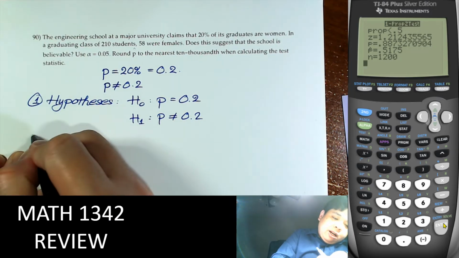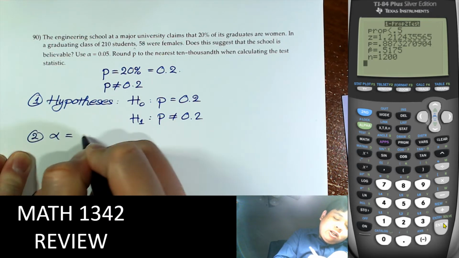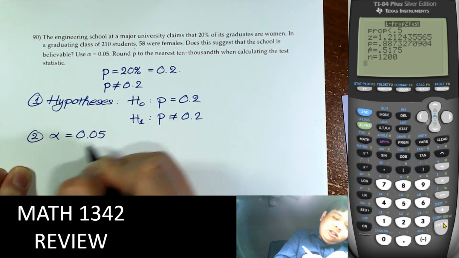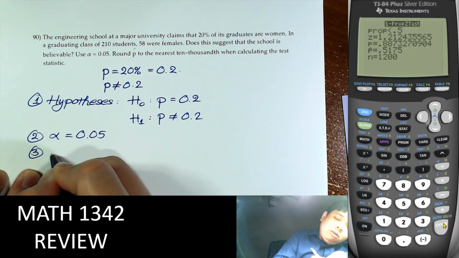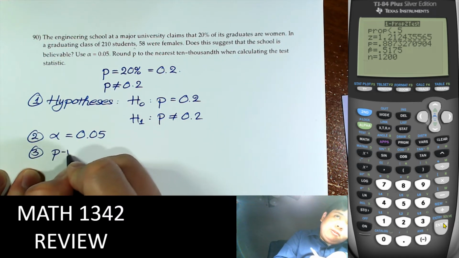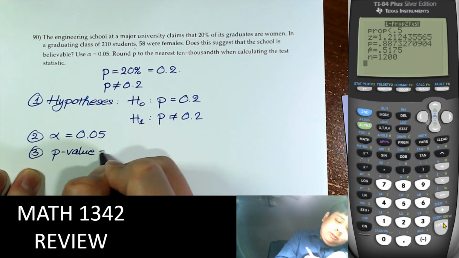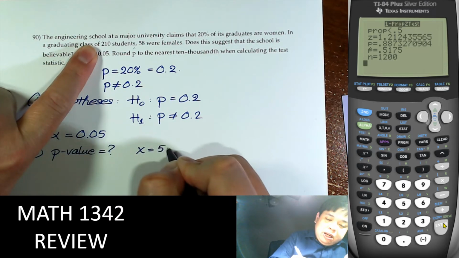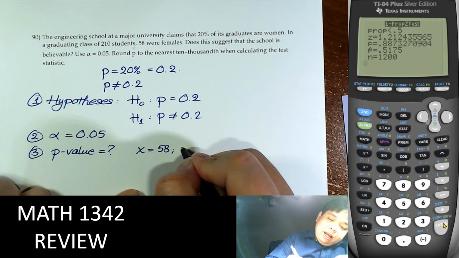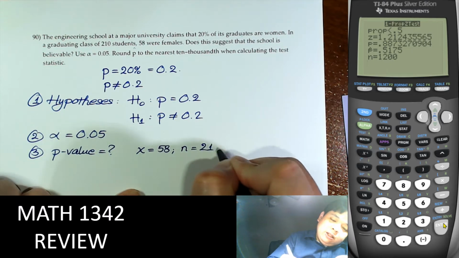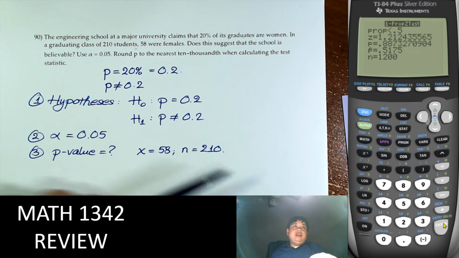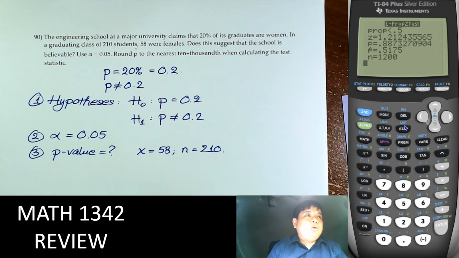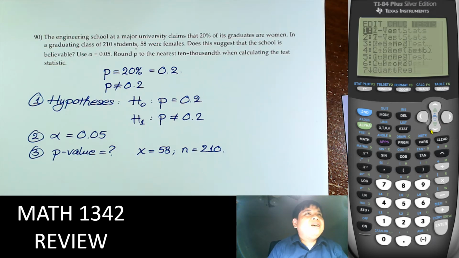Step 2, alpha 0.05 as standard. Step 3, we'll find the p-value. So in this particular case we have x equal to 58 and n equal to 210. Right, so we have everything. So just go to one proportion z test.